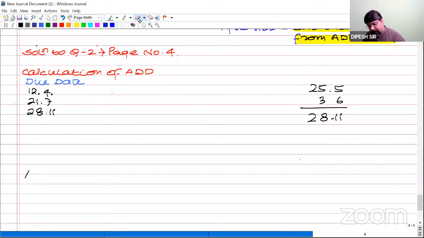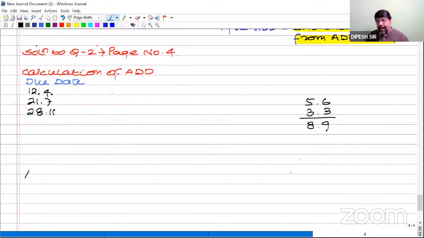Correct. Thereafter 5th of June for 3 months and 3 days of grace, 8th of September. Correct? Yes. So we've got all the due dates with grace days.